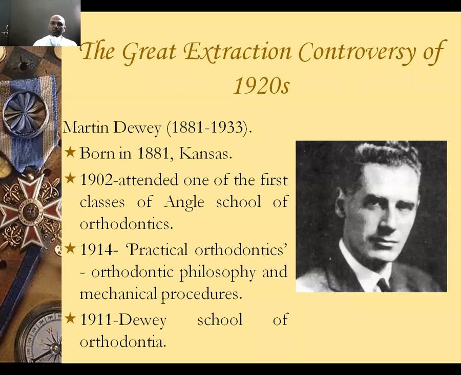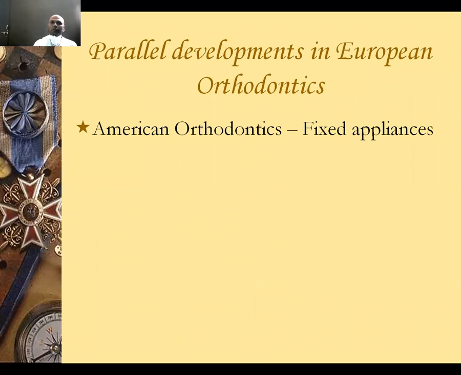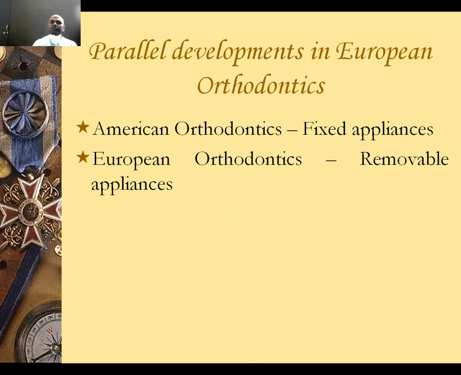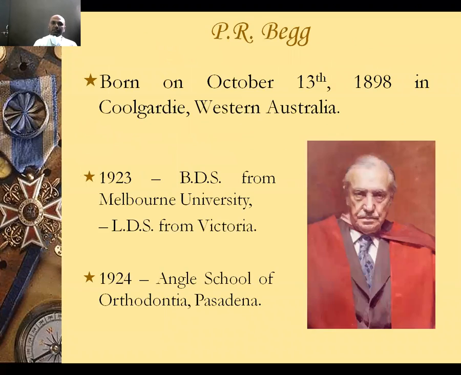He was an advocate of extraction philosophy, whereas the traditional Angle philosophy was non-extraction. In parallel developments, American orthodontics was all about fixed appliances and European orthodontics was all about removable appliances during the initial days of orthodontics.